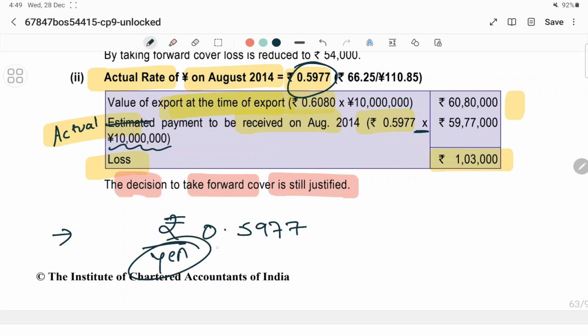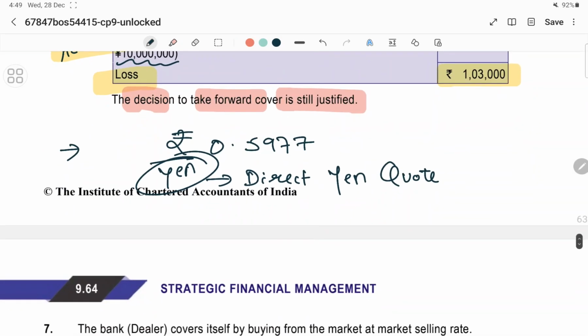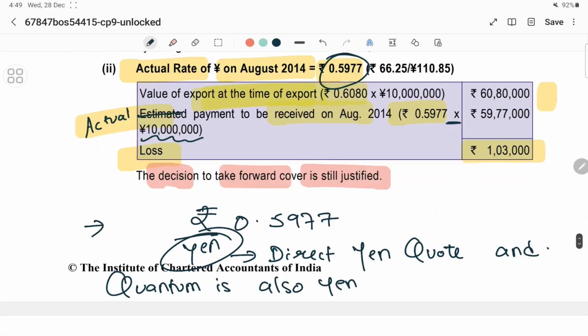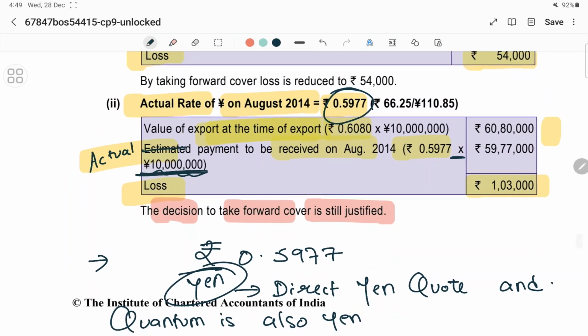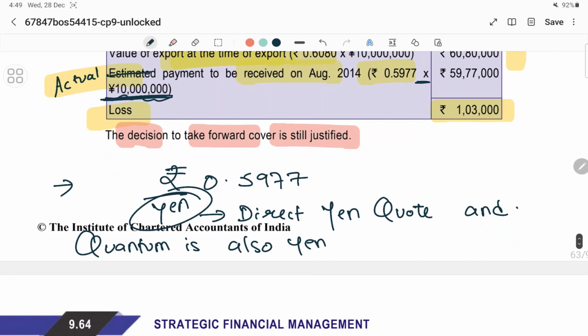Because this is a direct yen quote now, and the quantum is also yen. What do you mean by the quantum? It is the exposure, here yen 10 million, the export receipts.